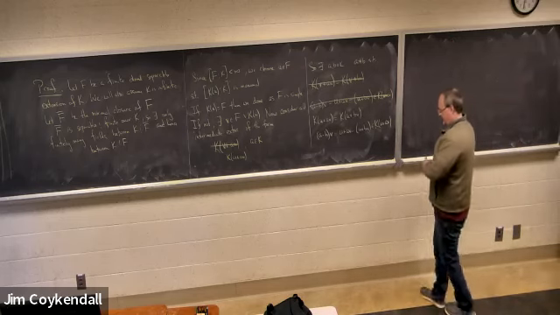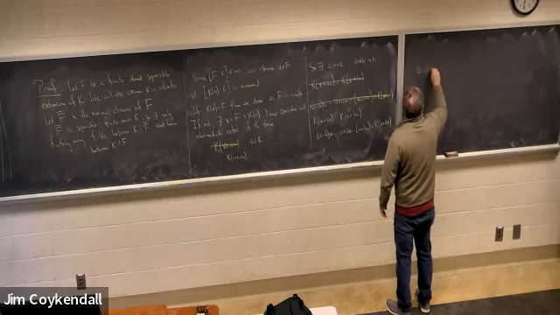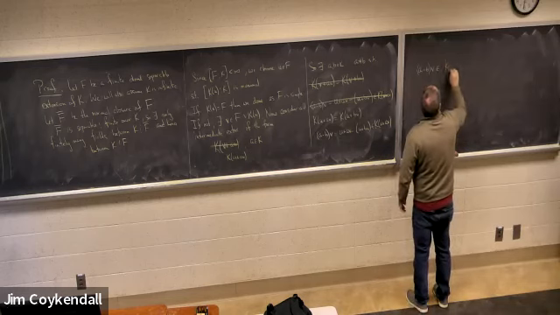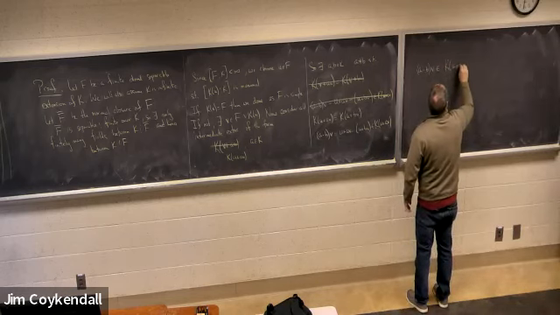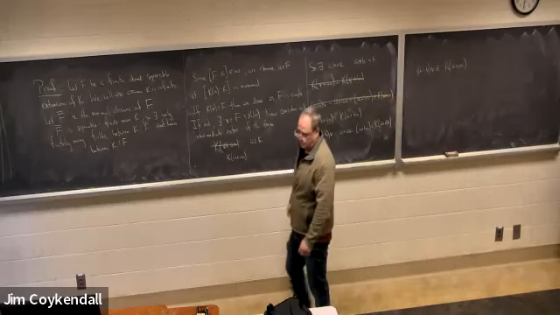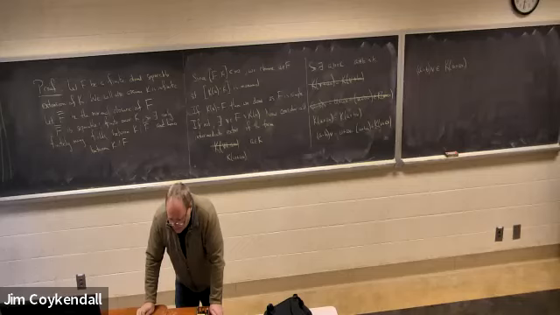This means that A minus BB is in K of U plus AB. Anybody see what the problem is?